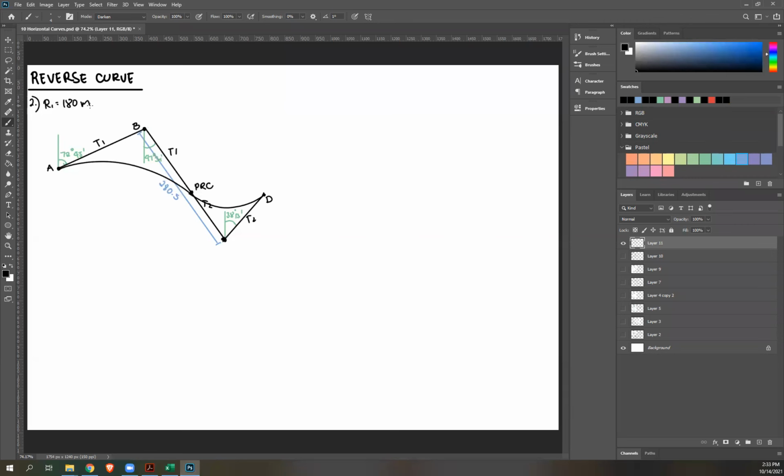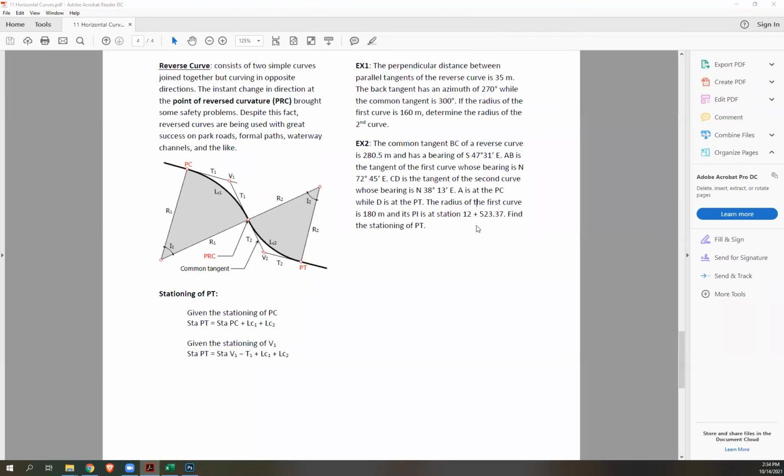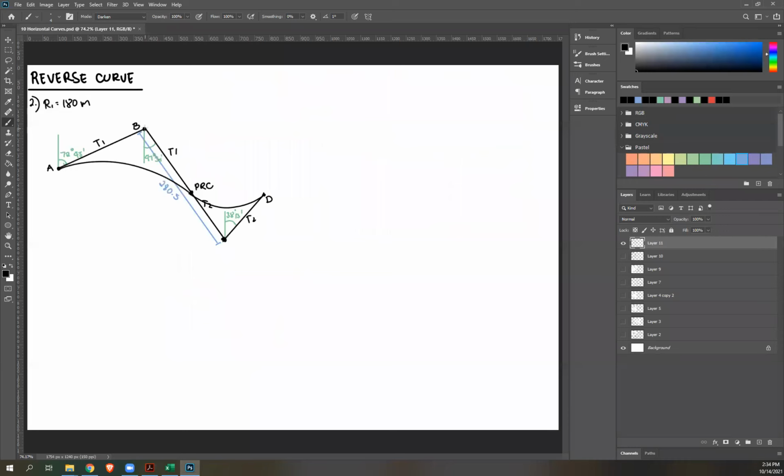And the last thing that's given is that its point of intersection is at station 12 plus 523.37. So it's here. This is the point of intersection of the first curve, and this is the point of intersection of the second curve. This is PI1. This is PI2.